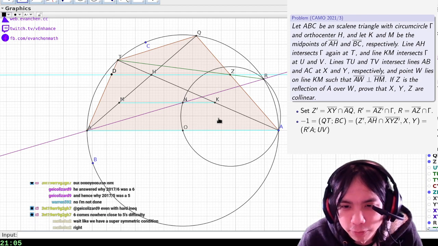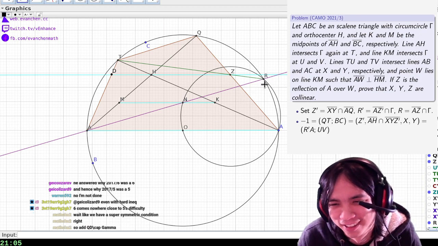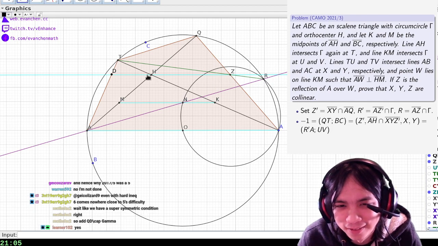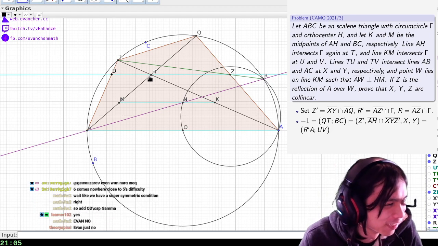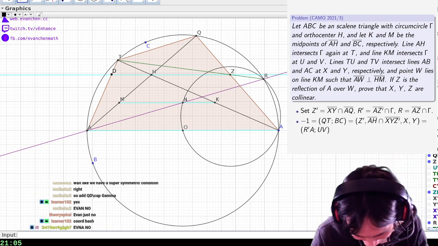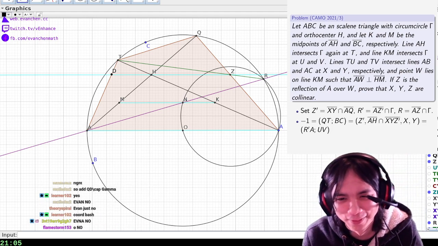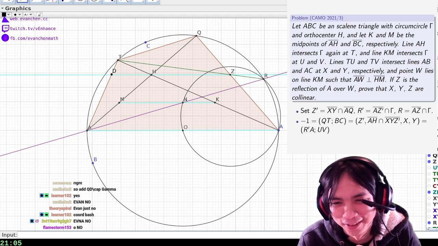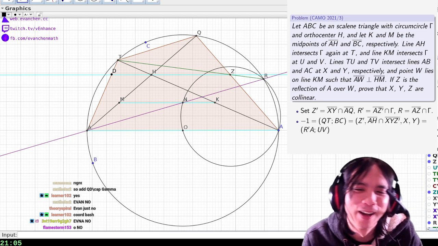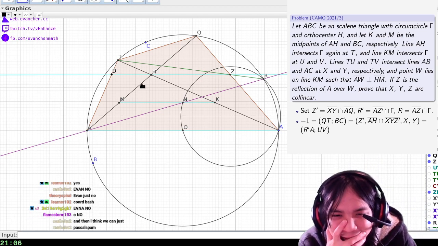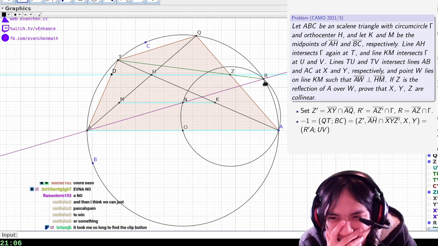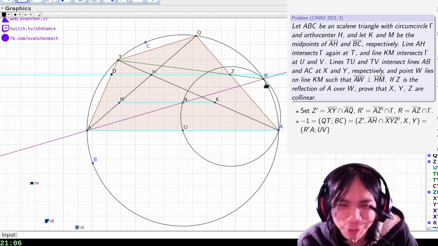Guys, I have an idea. What if we use Cartesian coordinates? Let's not use Cartesian coordinates. That sounds disgusting. It would work though, right?